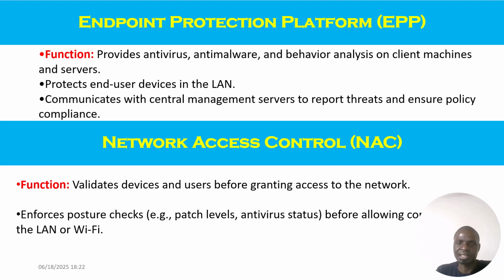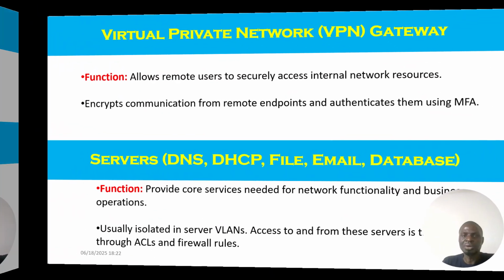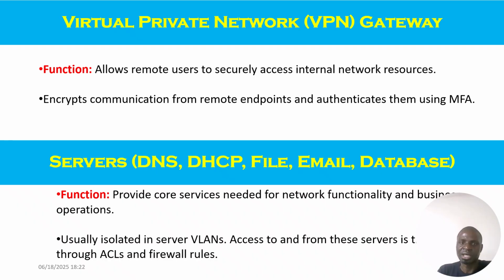And network access control validates devices and users before granting access to the network, and therefore they enforce posture checks, patch levels, antivirus status, and so on. And we want to look now at the virtual private network. As we said already, it allows remote users to securely access internal network resources, and it does this by encrypting communications from the endpoints and using multi-factor authentication.